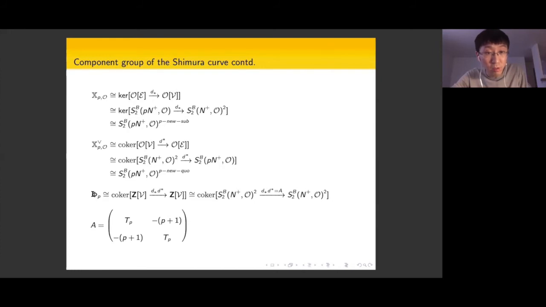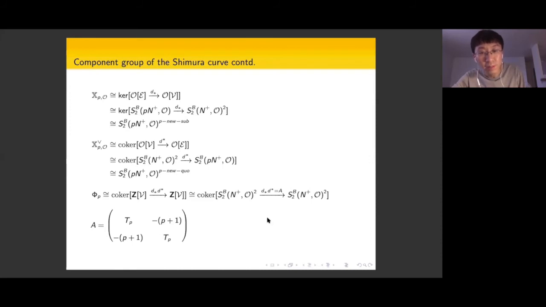So the component group is defined as the co-kernel of the map obtained by composing D upper star and D lower star, which is a map from the vertices to vertices.